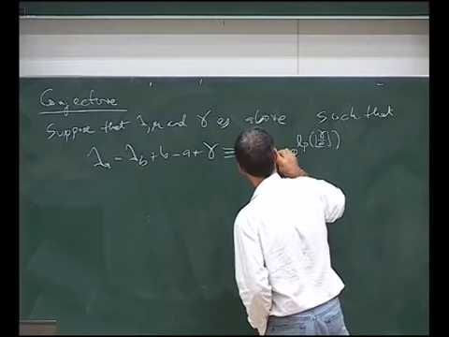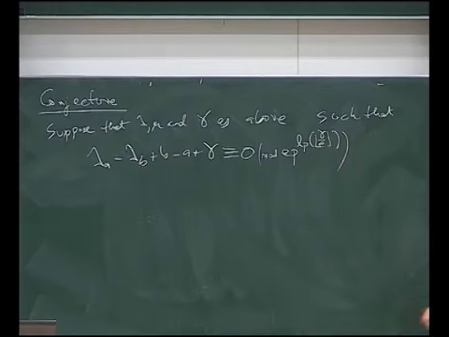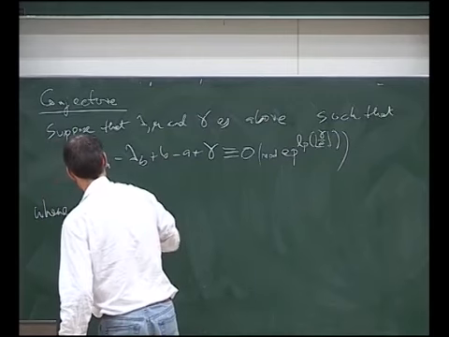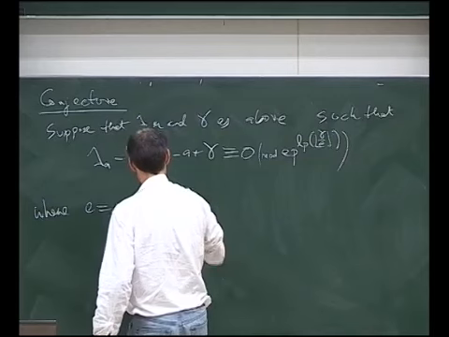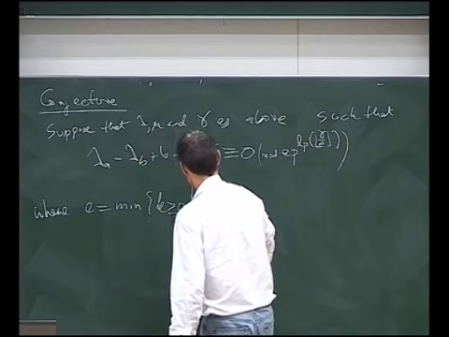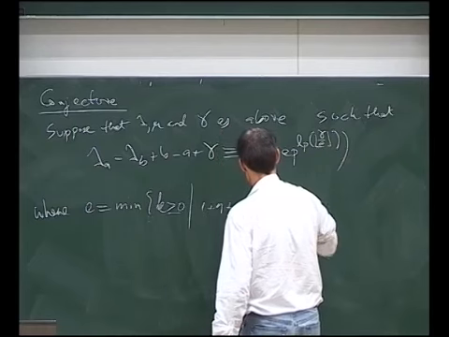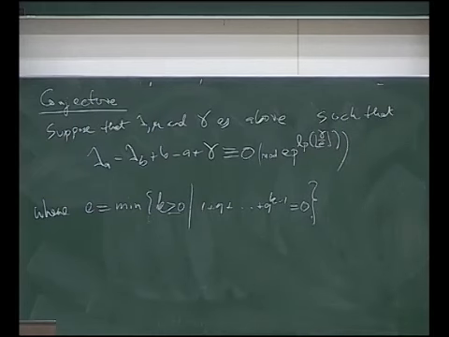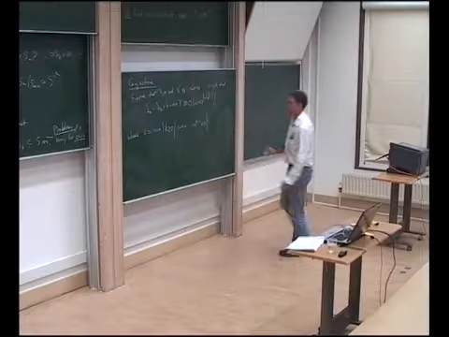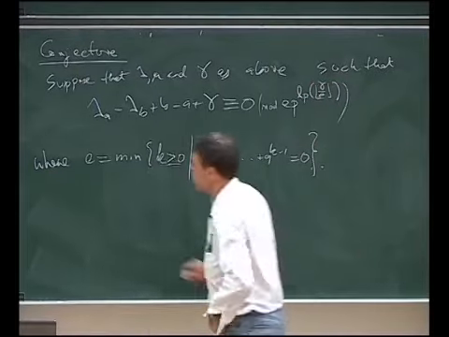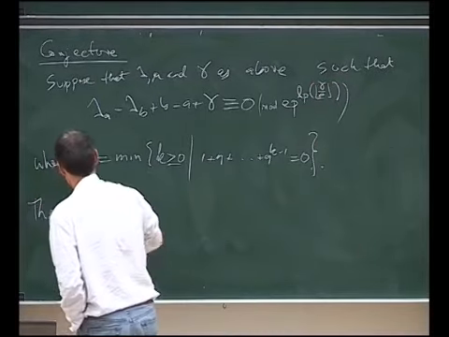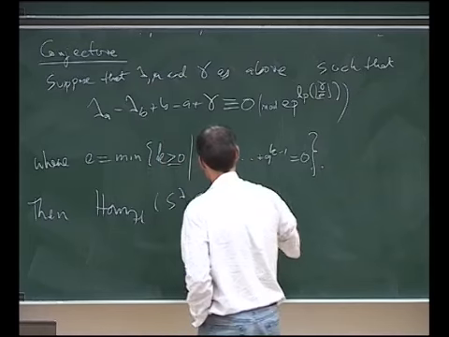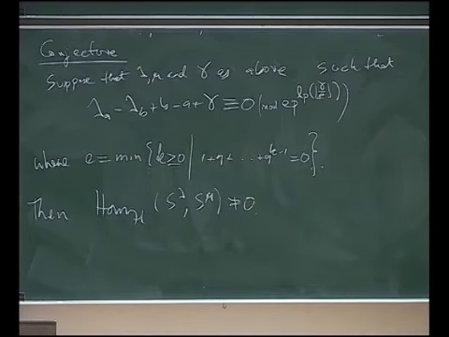Well, it's modulo e, where this e is minimal such that 1 plus q up to q^(e-1) is 0. And then in this case, we should be able to find such a homomorphism.